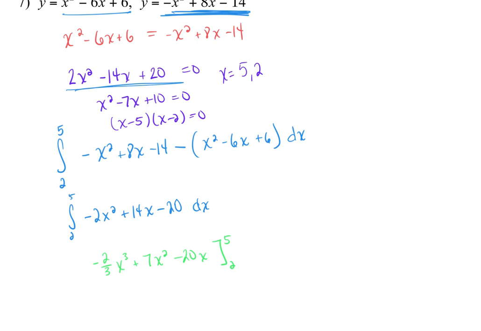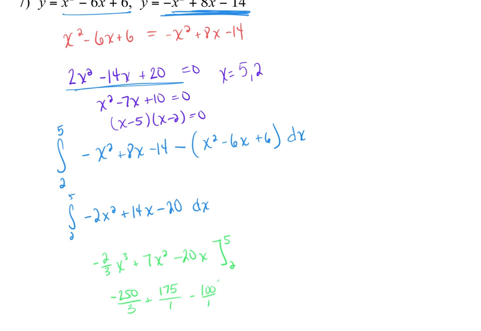If you plug it in, 5 cubed, that's 125, so negative 2/3 times 125, plus 5 squared is 25 times 7 is 175 over 1, minus 20 times 5, which is 100.